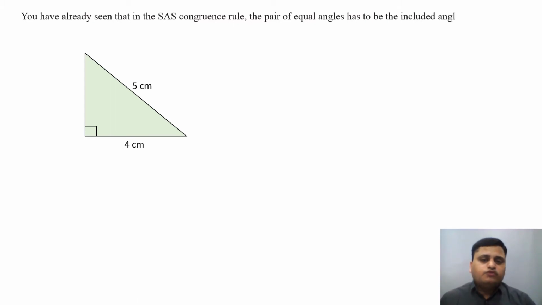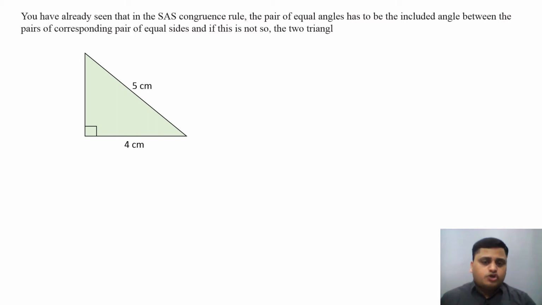Now here, the pair of equal angles has to be the included angle between the pair of corresponding equal sides. Only then will we get the SAS congruency rule, in which the angle has to be the included angle between the corresponding pair of equal sides.